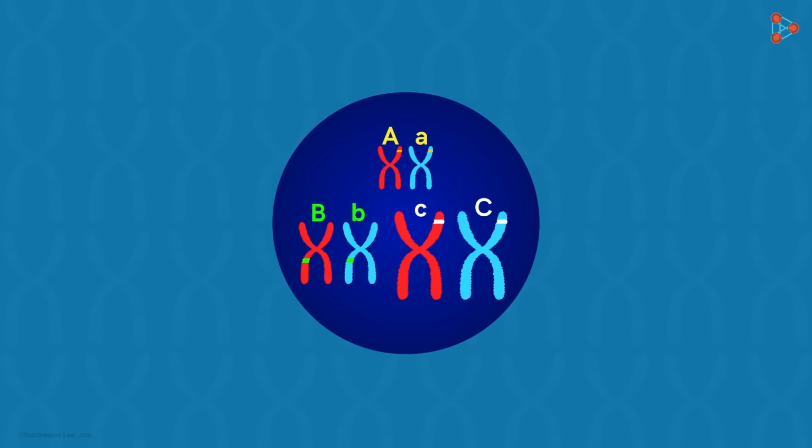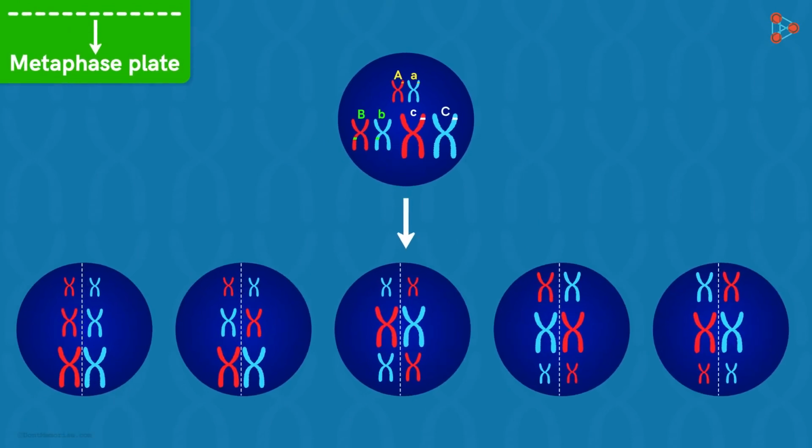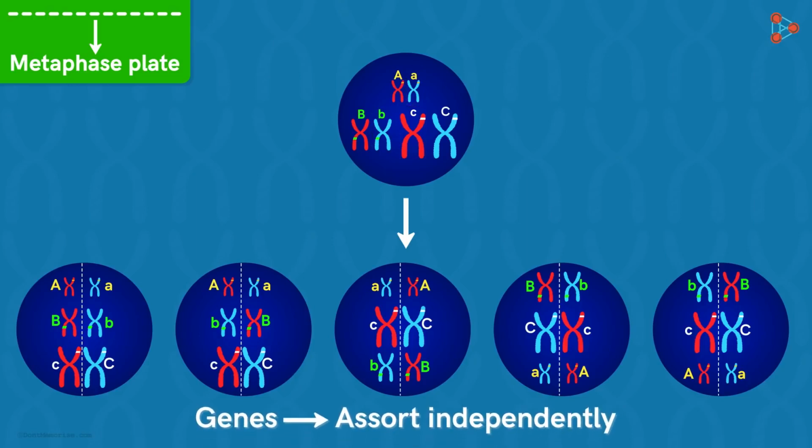So when the chromosomes get separated in the respective cells, it's obvious that the genes will assort independent of each other. There is no thumb rule that all the dominant alleles will perpetuate in one cell and all the recessive alleles in the other. They can assort independent of each other.